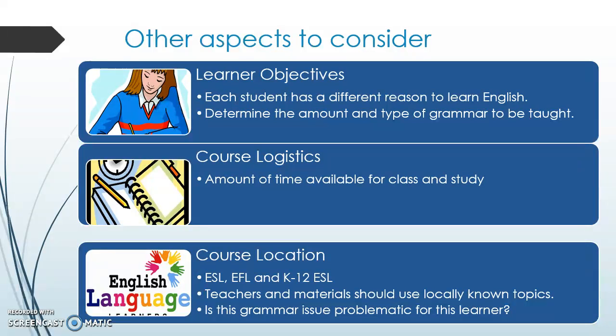And finally, the other one is course location. Depending on where the course is taught, the name of the course is going to change. We're going to have ESL courses, EFL courses, or K12 ESL. Here, what you take into consideration is whether or not the student has the option to work with the language outside the classroom.